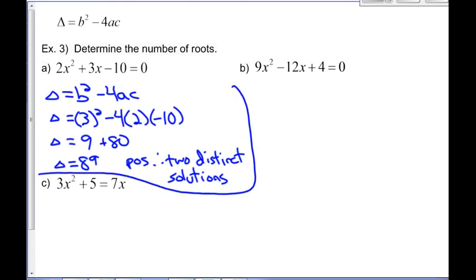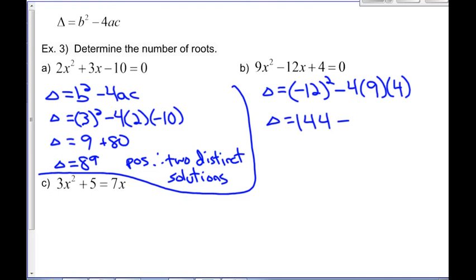Checking out the next one, well, discriminant here is going to be b squared minus 4ac. That's 144 minus 16 times 9, 144. Oh my, the discriminant is 0, so that means there is 1 solution.